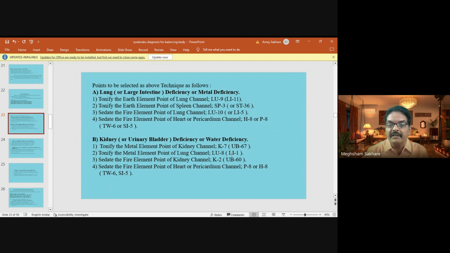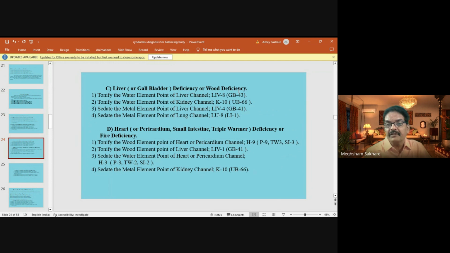Water is deficient, so fire should be sedated. Sedate the fire element point of the kidney channel K2 or UB60. Sedate the fire element point of the heart or pericardium channel P8 or H8, TW6 or SI5.